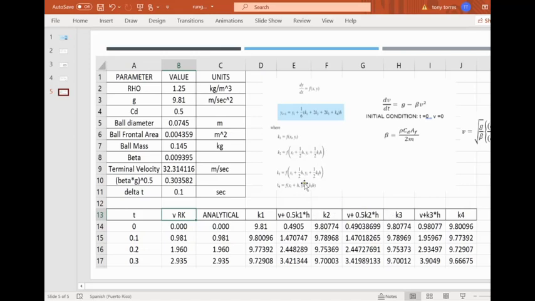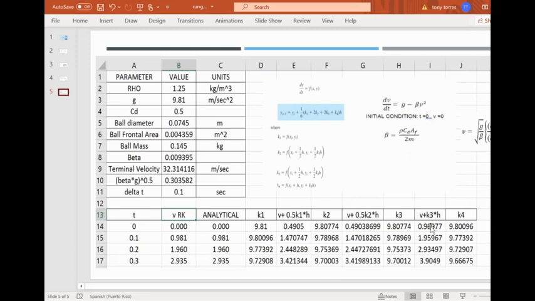The K3 argument is the initial value, which is 0, plus 1/2 times K2, whatever I got on this value here, multiplied also by delta t. That will provide me the argument that I need for K3. And here is K3. So you substitute g minus beta times v squared, where this value is the v squared. All right. So I got K3.